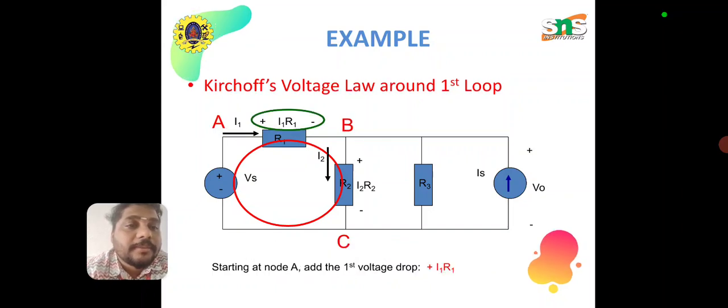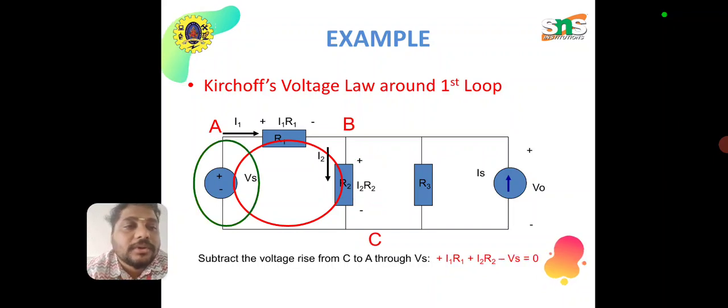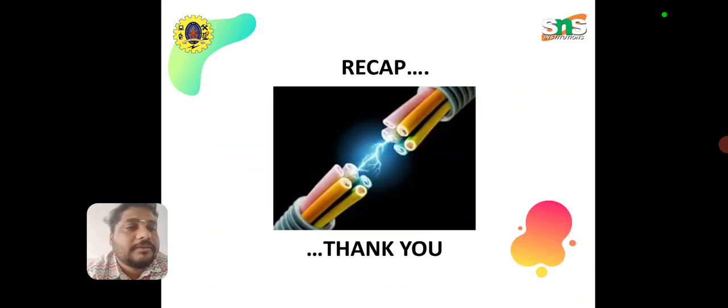Starting at node A, add the first voltage drop, that is I1 R1, then add the second drop, that is I2 R2. According to Kirchhoff's voltage law, subtract the voltage rise from C to A through Vs: I1 R1 plus I2 R2 minus Vs, the voltage source, equals 0. Notice that the sign of each term matches the polarity encountered first.